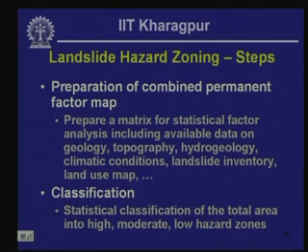We are going to look at an example, and that is going to clarify this issue a little more, but let me list here what you need to look at. It would include all the factors that we have already discussed, namely geology, topography, hydrogeology, climatic condition, landslide inventory, land use map, seismicity, and so on and so forth. Then, based on the statistical factor analysis, we have to classify the given area into high, moderate, and low hazard zones.